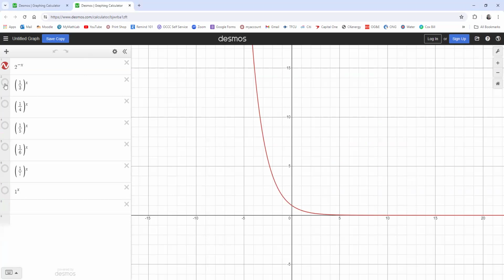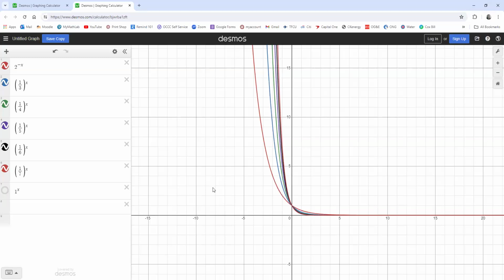So when I have 1/3 to the x, now that's going to again be steeper because now everything's not getting cut in half, but it's getting cut by 3. So same thing for 1/4, everything's getting cut by a fourth or divided by 4. And then 1/5 to the x, 1/6 to the x, and 1/7 to the x.